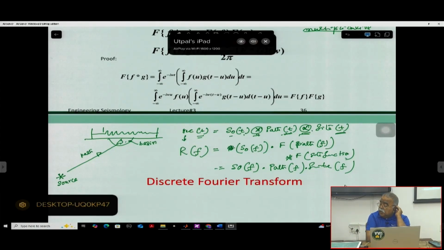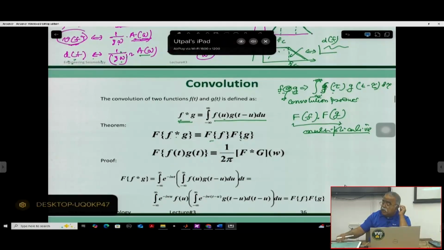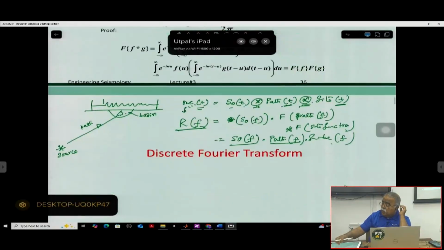The time domain convolution becomes a multiplication in the frequency domain. If you multiply the spectra, then that spectrum will be the spectrum of the recorded signal. So that is where we are using the convolution product in our calculations. Okay.